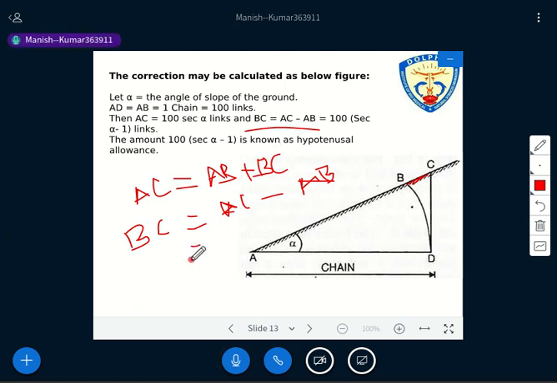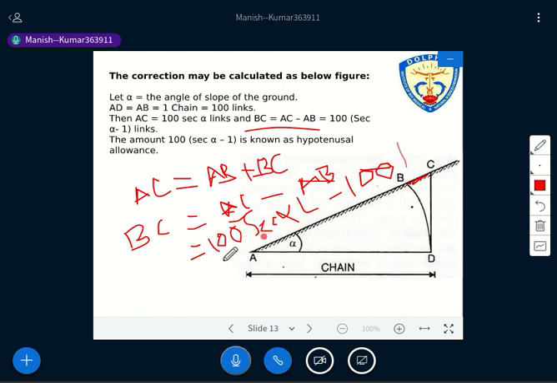Then we have already calculated that AC is 100 sec alpha links. So we can write it here: AC is 100 sec alpha links minus AB. AB is also one chain, so AB will be 100 links.